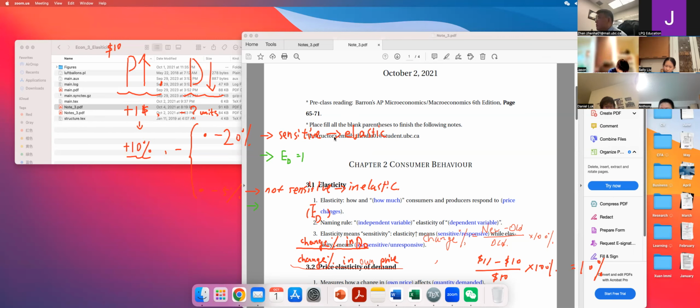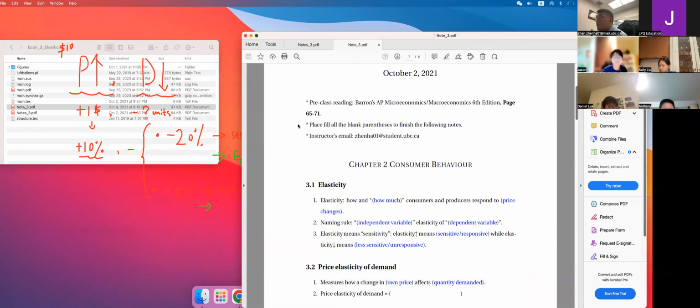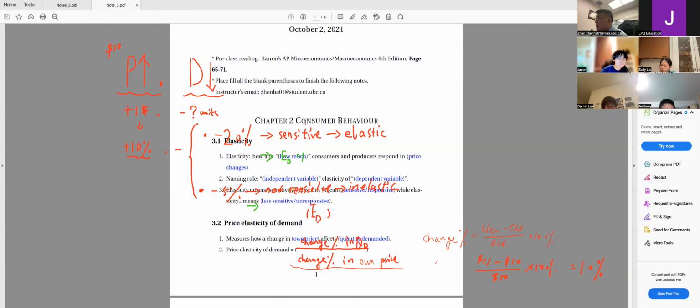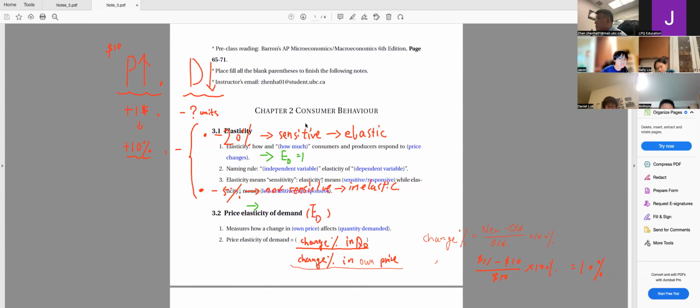If you need to print one, you can now get notes number 3 from the chat box. If you need a hard copy, you can now print out your hard copy of notes number 3.